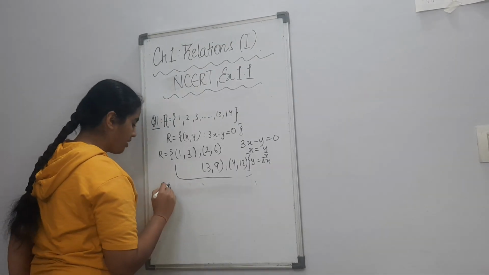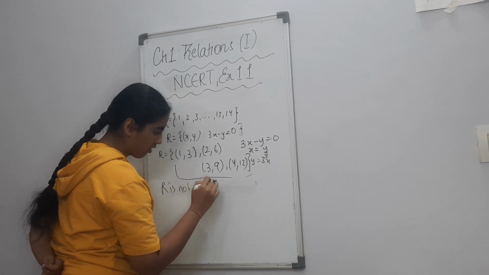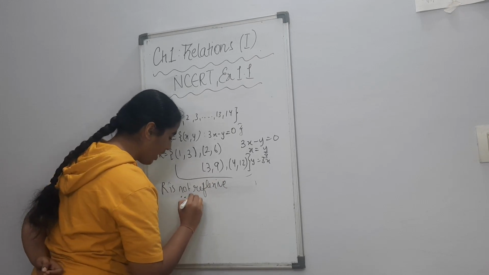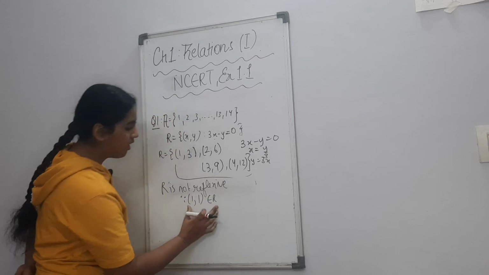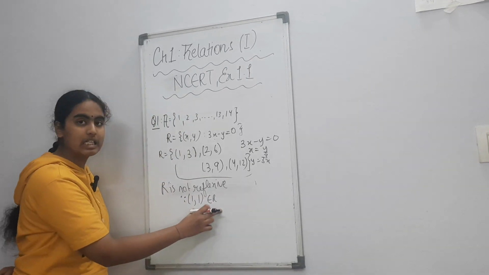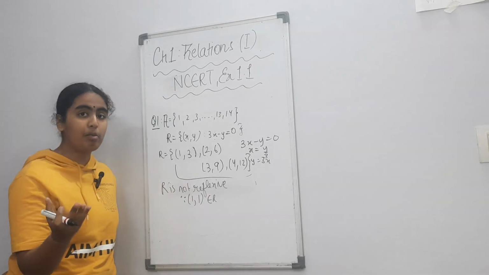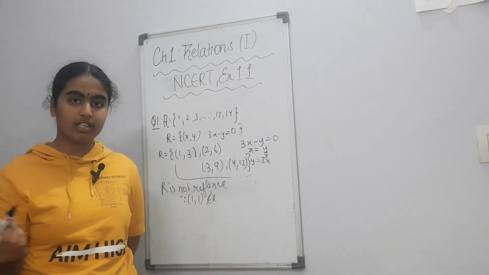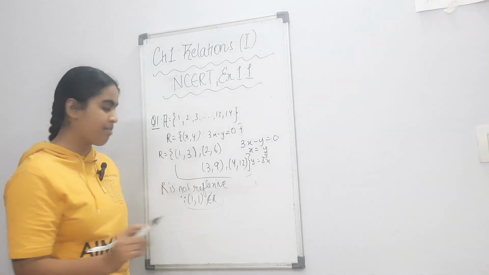So R is not reflexive since 1 comma 1 does not belong to R. Even if you write this condition, it is enough. If you want to write another condition like 2 comma 2 not belonging to R or 3 comma 3 not belonging to R, you can write so. But this simple little condition is enough for the exams.